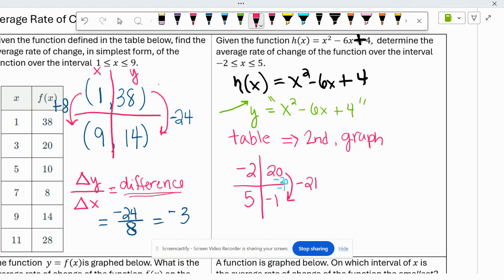Okay. What about the change in y or change in x? What's my change in x? Say again. +7. So my change in y over my change in x. Let's see. I have a -21 and a +7. What is -21 divided by +7?